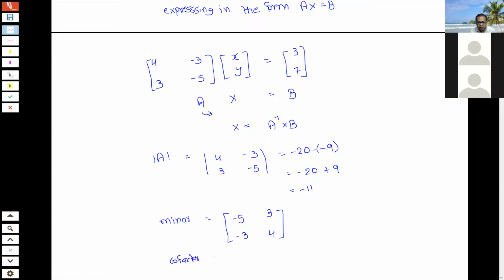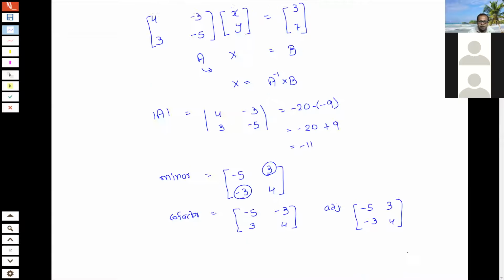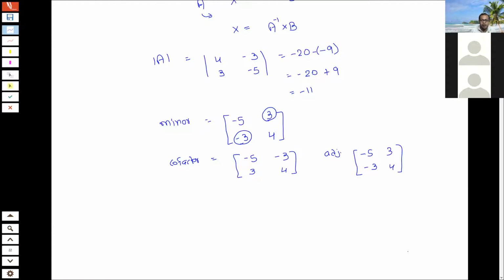Then I will find the cofactor matrix. I will change the sign of these two positions. And then I will find the adjoint matrix. So adjoint is the interchange of row and column. So -5, -3, the first row will become the first column. Second row 3, 4 will become the second column. Okay.